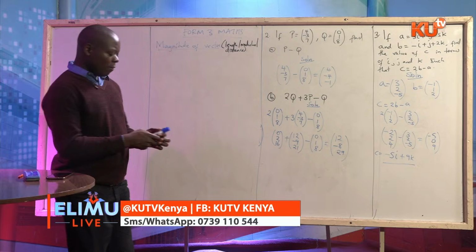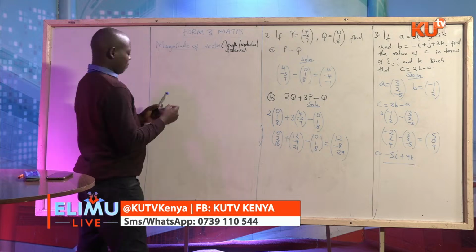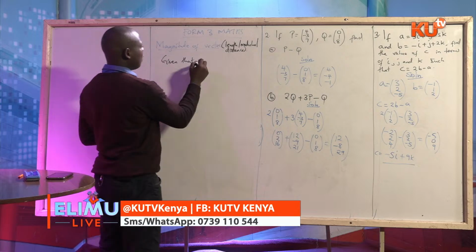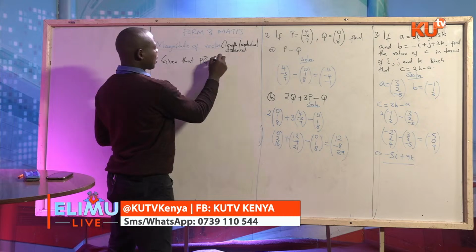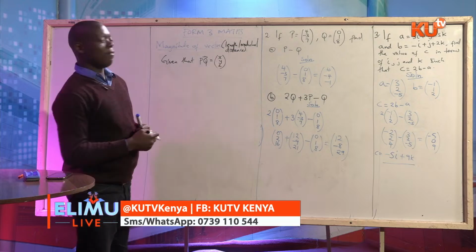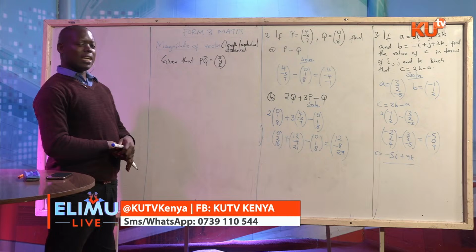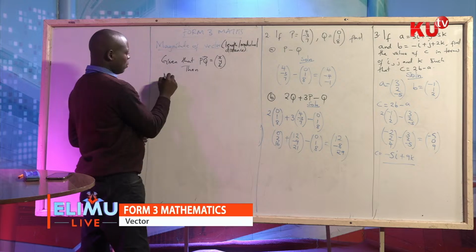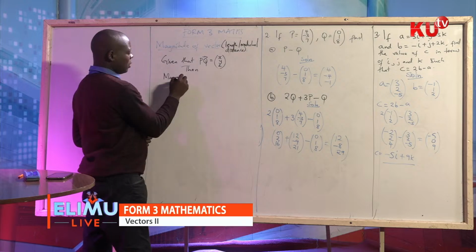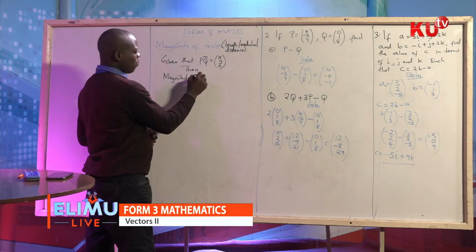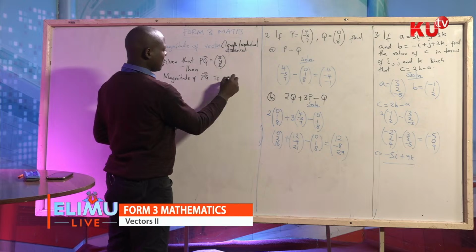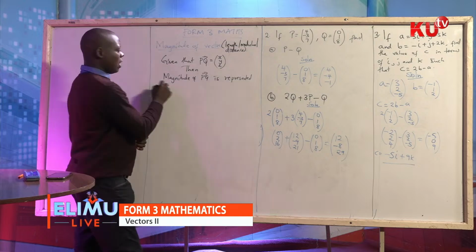So if we have a vector, given that the vector PQ is x, y, and z. If we are given the vector PQ, which is x, y, and z, then the magnitude of PQ is represented as, now how do we represent the magnitude?